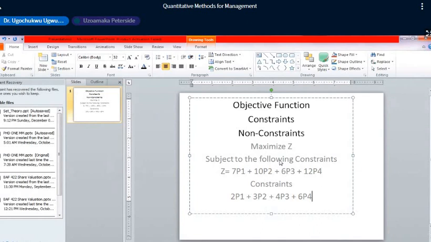Now let us take this as our constraint, which will be less than or equal to 1,400.